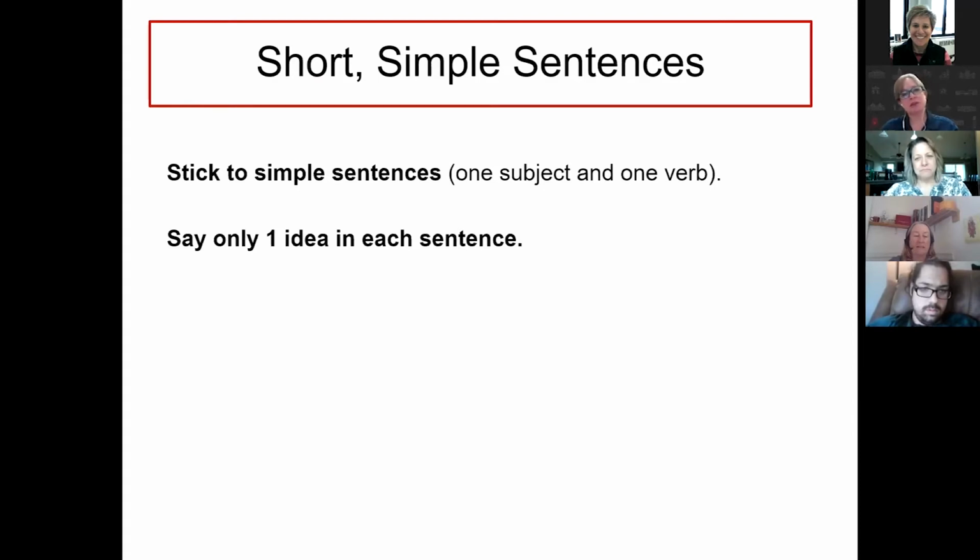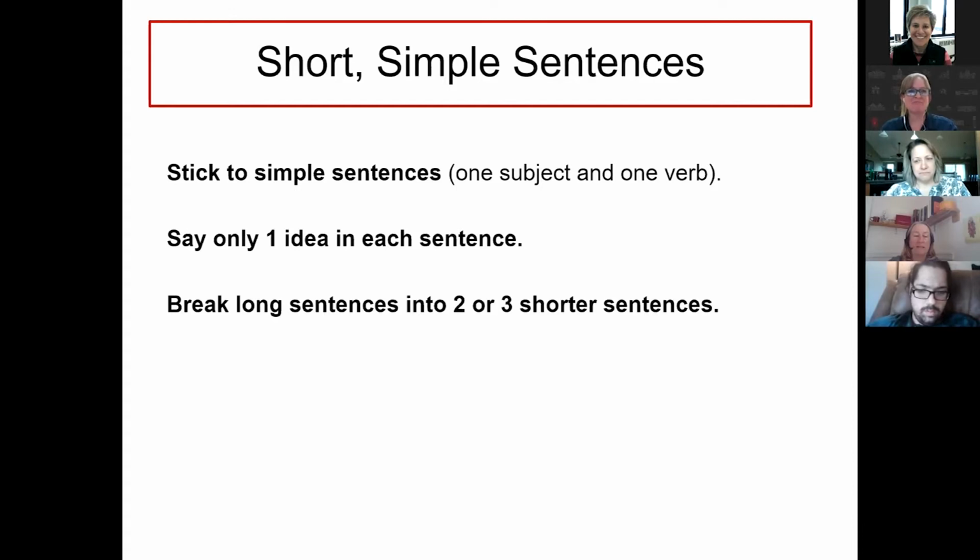We want to use subject, verb, object, word order, and try to limit your sentence to having only one subject per sentence. We can break longer sentences into 2 or 3 shorter sentences. So sometimes plain language may have more sentences than an original document, but probably will have fewer words and will be easier to read.